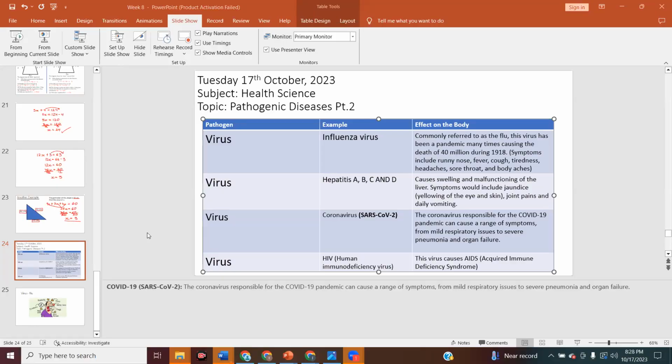What is the name of the virus that causes AIDS? Acquired immune deficiency. Just say HIV. You don't have to be deep. So what's the name of the virus that causes AIDS?